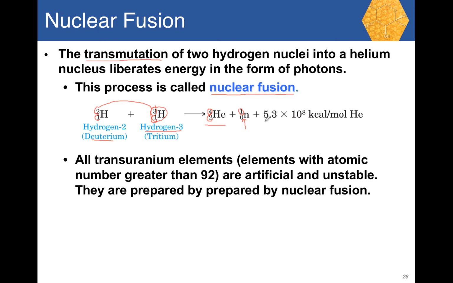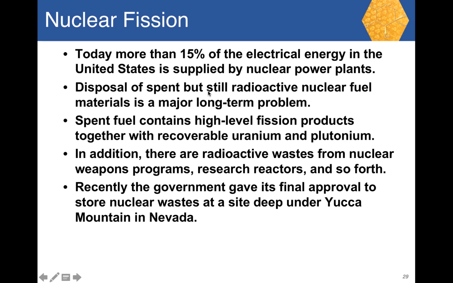But most important is that it gives off a lot of energy. 5.8 times 10 to the negative 8 kilocalories per mole. A lot of energy. So this process is called nuclear fusion, and of course the energy that's produced is used to generate electricity and is useful. Granted, it's also used for the bomb, but here are some of the useful features of the energy that's evolved.